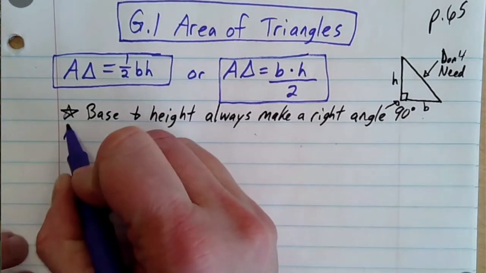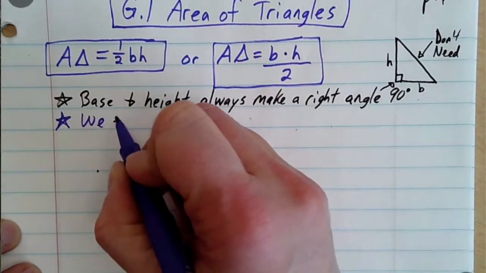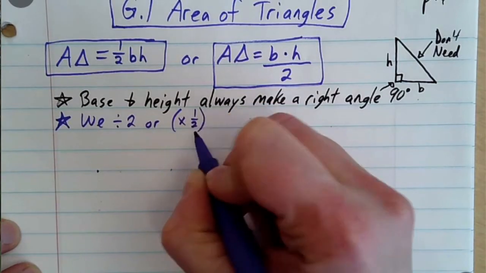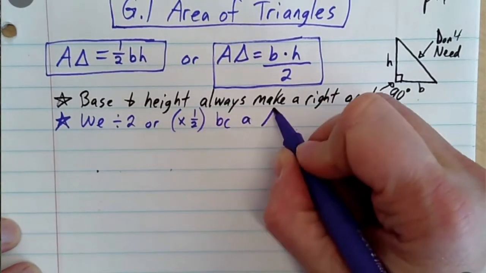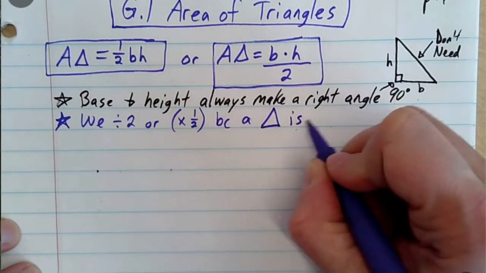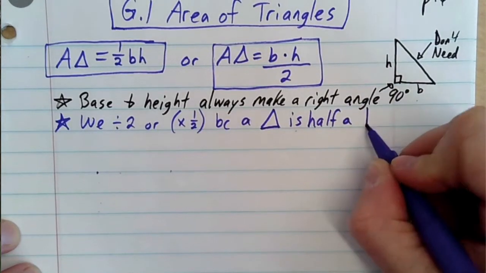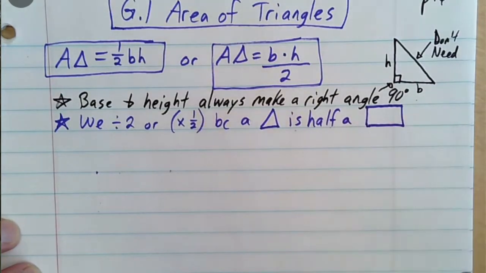I want to explain the formula just a little bit. So we divide by 2, or some people call that multiplying by 1/2. BC in our notes means because a triangle is half of a rectangle. It's always half of it, okay? Triangle is half of a rectangle.